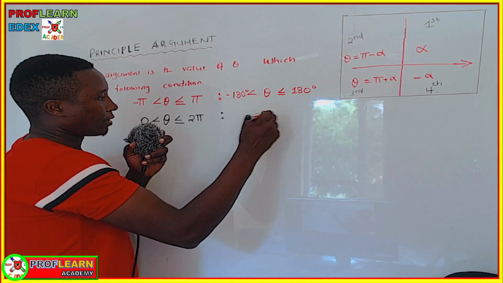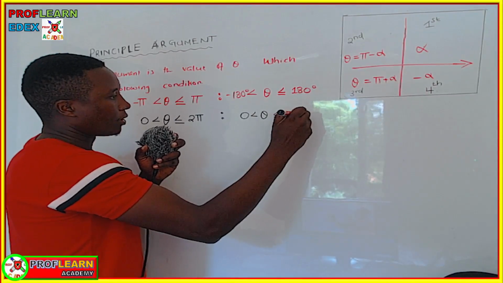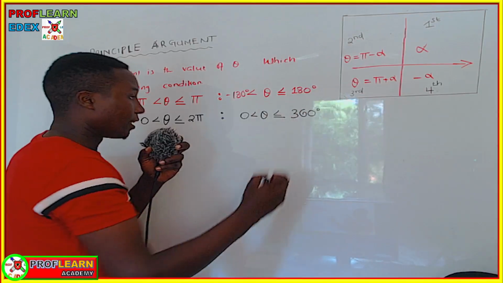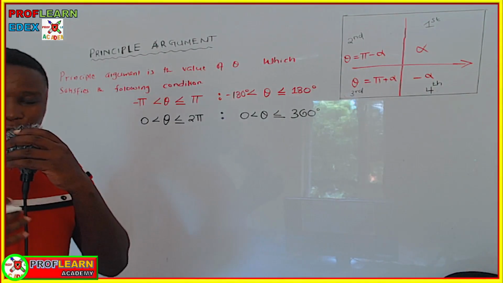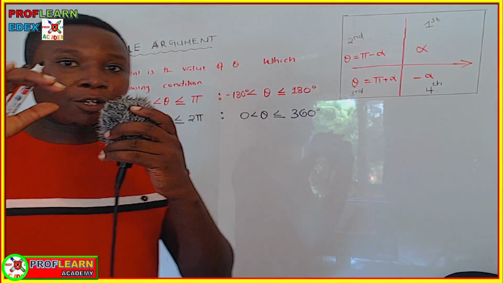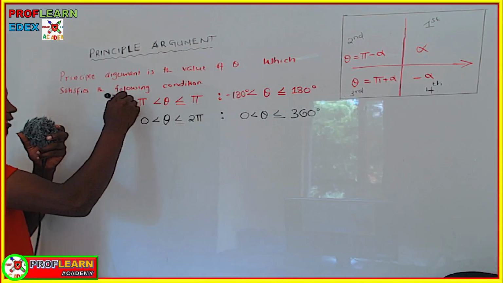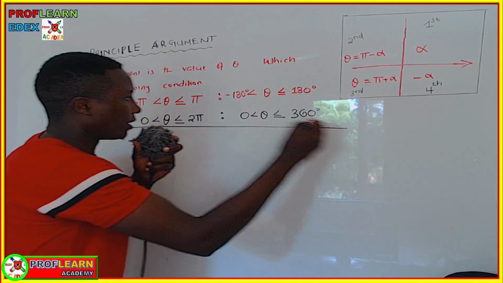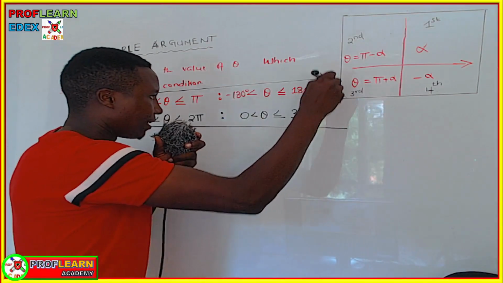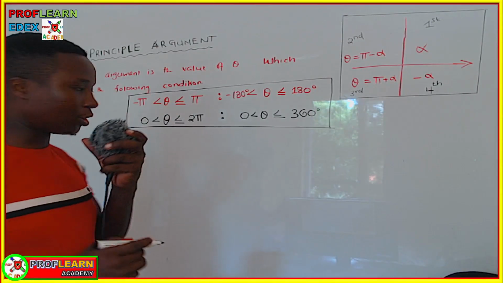This is theta greater than 0, less than or equal to 360 degrees. So anytime you are trying to work out a question and you are supposed to give the principal argument, then you must ensure that it's within this given range. That's the first condition.